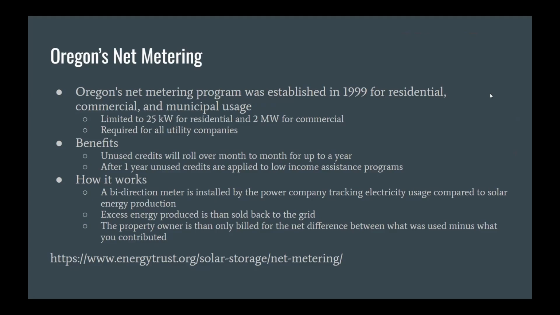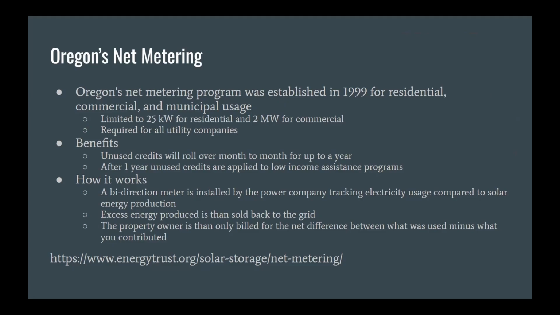From the beginning, the program has been open to residential and commercial customers, giving a wide range of property owners the opportunity to participate. Residential systems are limited to 25 kilowatts, which is more than enough for typical homes. And then businesses 2 megawatts, a substantial capacity that can help power large businesses or industrial facilities.